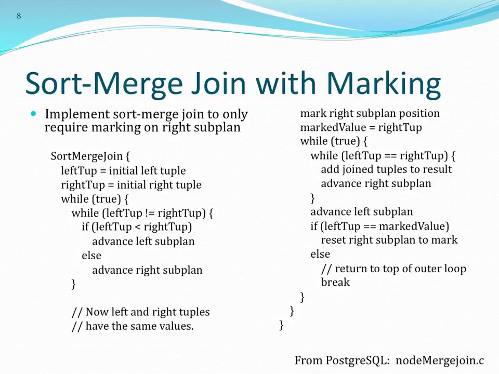And you can see, for example, that the first innermost while loop, the while left tuple is not equal to right tuple, you would always have to do that every single time when the sort merge join's get next tuple thing was invoked. Because what we're doing is we're skipping over a whole bunch of tuples that don't join. That is if you're doing inner join. Once you get to the second part, now you're generating results that can be joined.